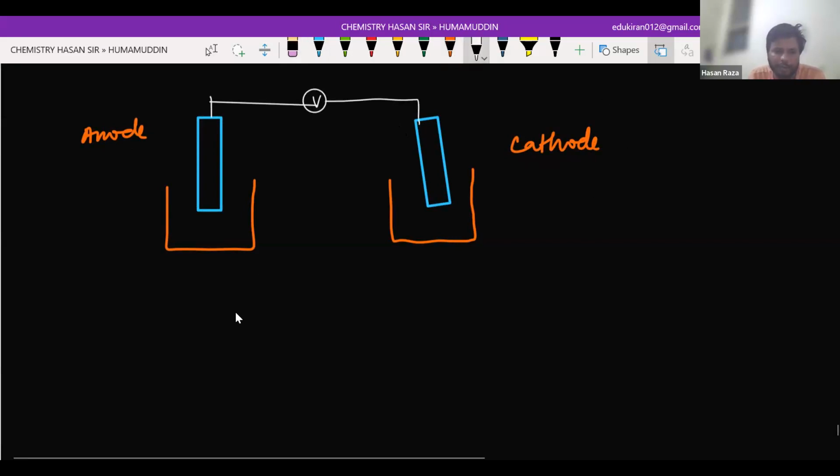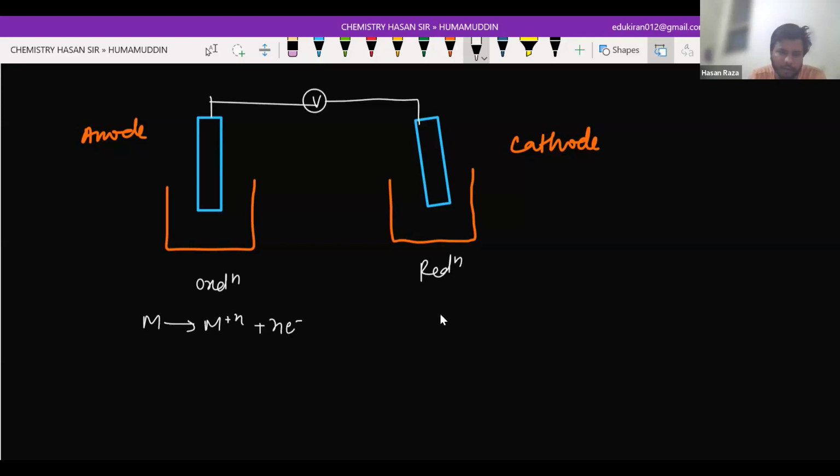Now see what will happen. On the left hand side, oxidation will happen. On the right hand side, the reduction will happen. M is converting itself into M^n+ and n electrons, and M^n+ will gain n electrons and convert itself into M.